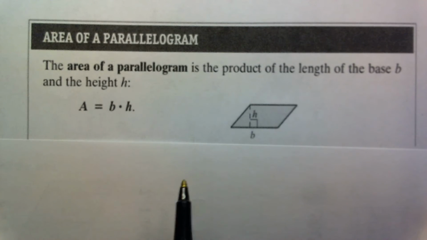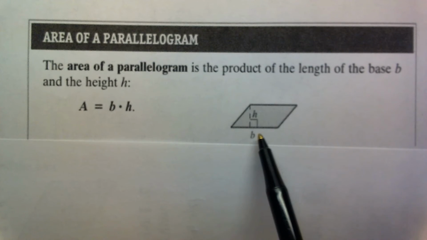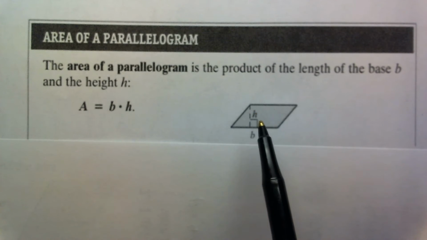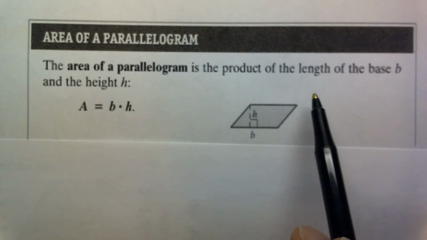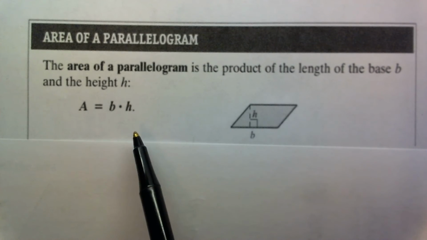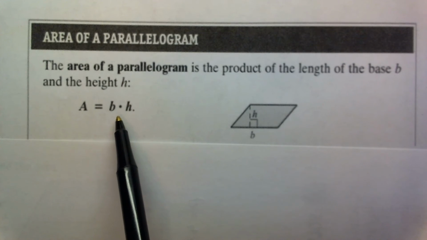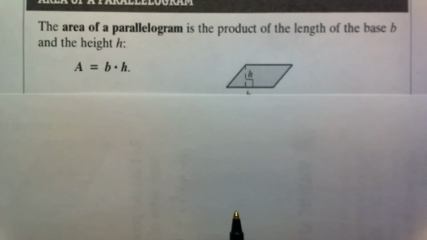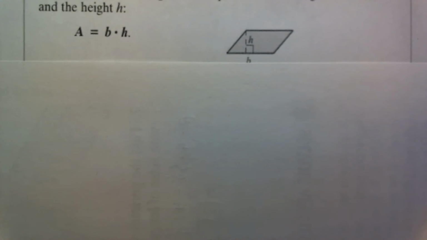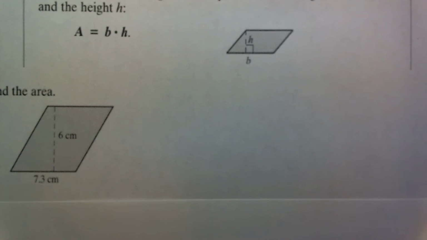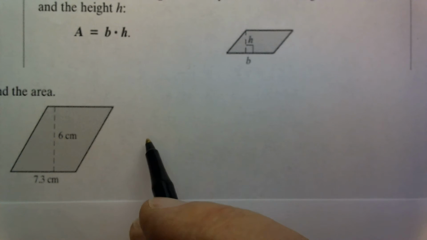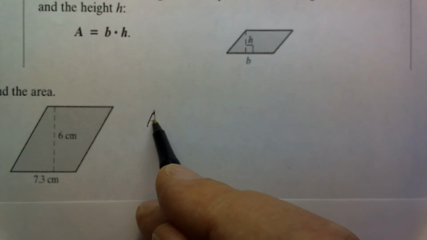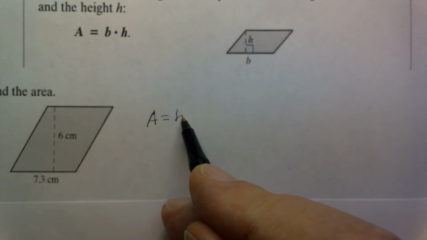To compute the area of a parallelogram with base B and height h, we take the product of the length of the base and the height h. So the area is equal to base times height. So let's apply this to some exercises here. In number 7, area equals base times height.